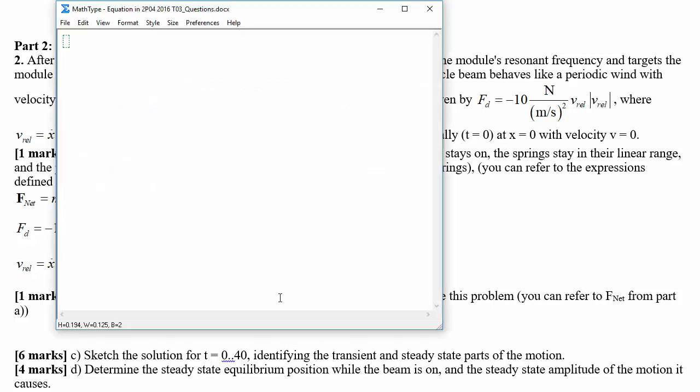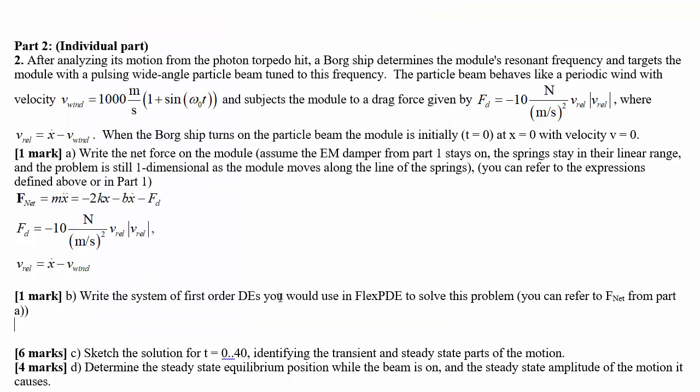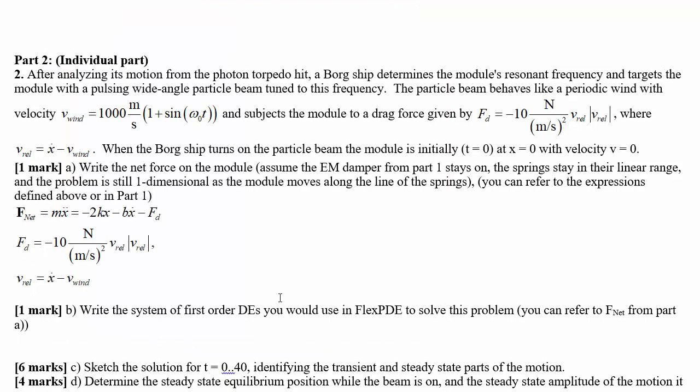Wow, okay. So that would mean that we've got a position differential equation, which, let's actually not use math type for this so that we can just write it as it would look in FlexPDE. So we're going to have a position variable, and the time derivative of xd is equal to vx, right?